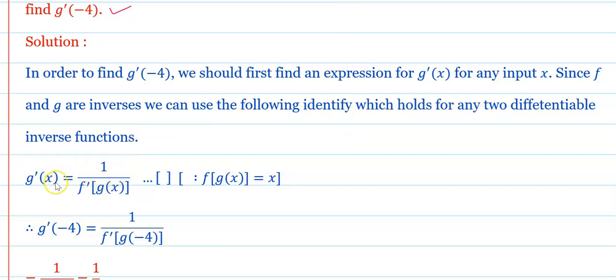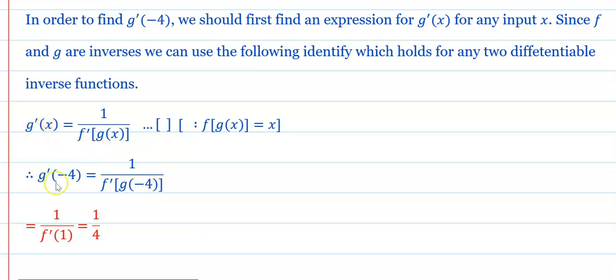What is that? That is the g dash of x is equals to 1 upon f dash of g of x. Okay, this is the identity. That is f of g of x is equals to x. Now, g dash of minus 4 is equals to 1 upon f dash of g of minus 4. This is the identity. This is important.